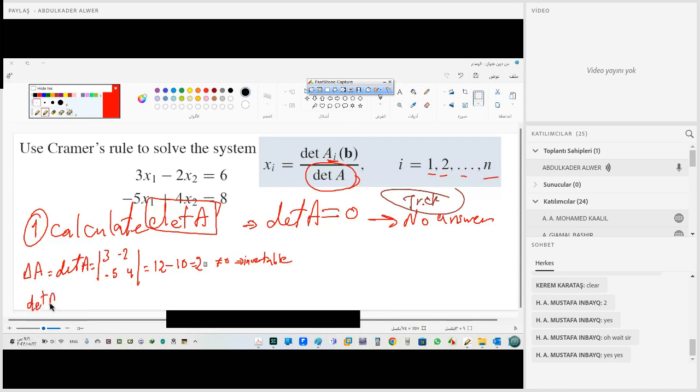Det A1(b) means replacing the first column with b, for x1. So I take those numbers instead of the x1 column: 6, 8, minus 2, 4. 6 times 4 is 24, minus with positive, 16, it is 40.